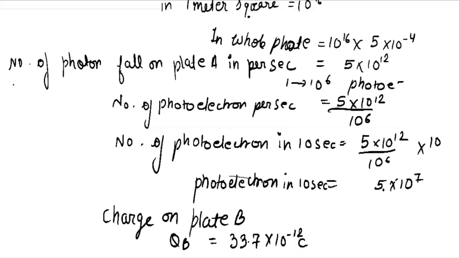But due to the photoelectrons, the charge is decreased because it is positively charged and the photoelectron is negatively charged. So we subtract the photoelectron charge, which is 5 into 10 raised to the power 7, not 17, 7, multiplied by the charge on one electron, which is 1.6 into 10 raised to the power minus 19 coulombs.